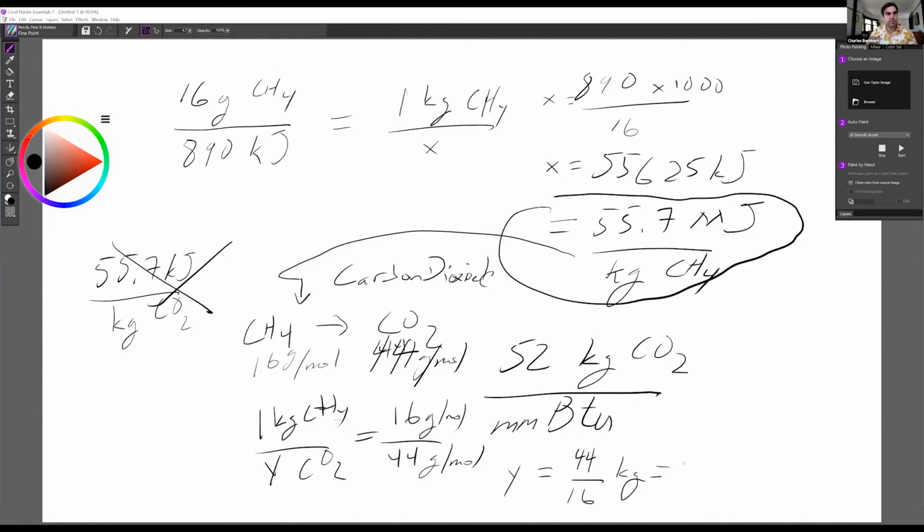What'd you say it was? 2.75. Looks right to me, I guess. Kilograms of CO2 per 55.7 megajoules. And this number you could then massage into this number, right?